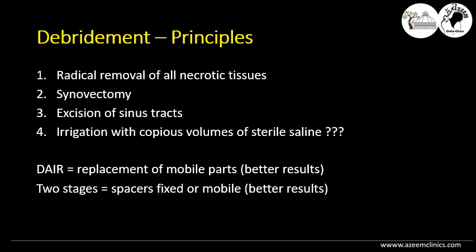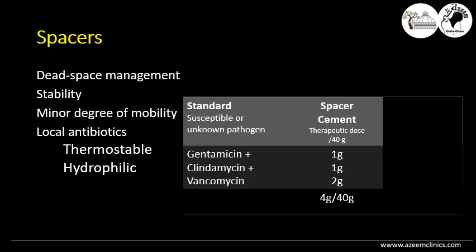However, the use of a spacer is much better than leaving it without a spacer. Spacers close the dead space and maintain the joint stability, as well as maintaining some minor range of motion inside the joint.